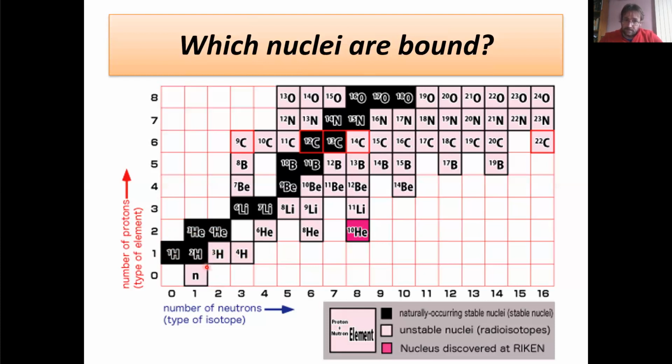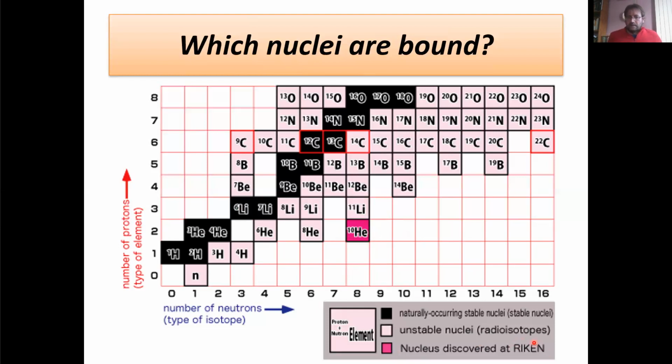Hydrogen 3, tritium. Then we have the hydrogen 4, but this is where you need really to be good. By now, what we could create was hydrogen 7 or hydrogen 8. Helium, we are also extremely, you see now helium 10 nucleus discovered at Riken.